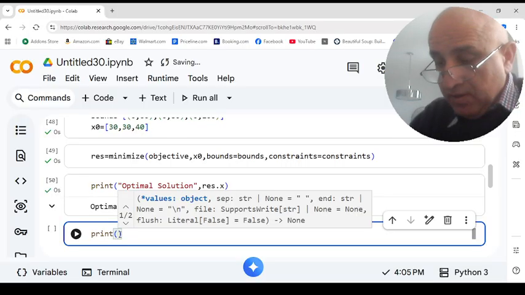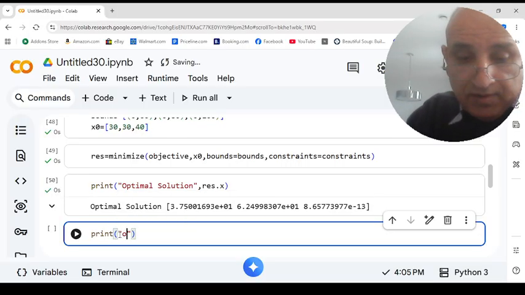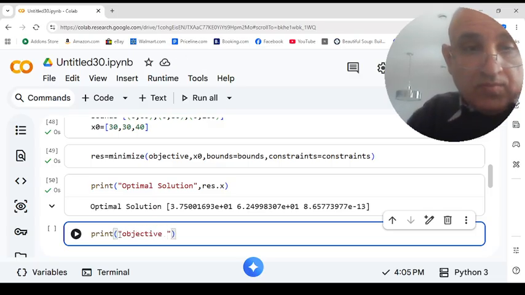So let's see the optimal objective value.